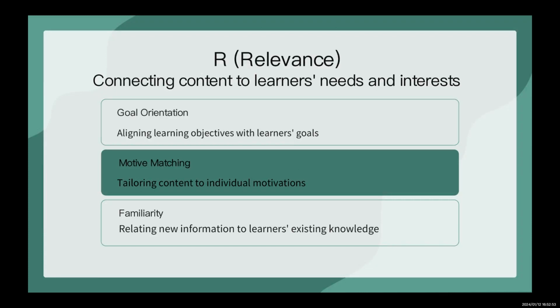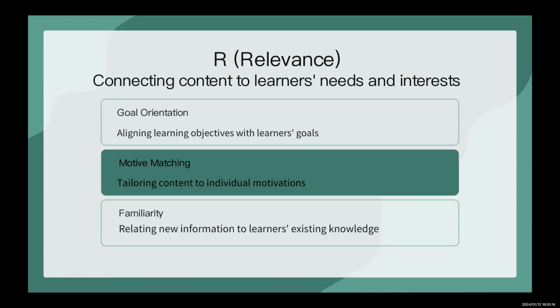Maybe before the beginning of the whole lesson, you need to assess your learners' needs and their interest in this lesson. It is very important preparation for the beginning of this course.